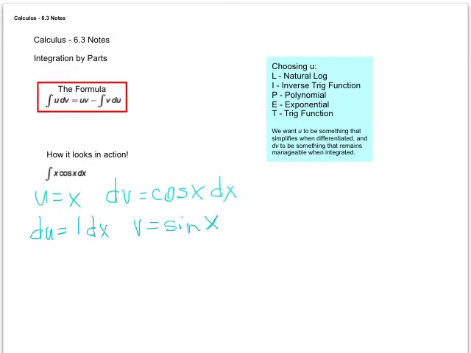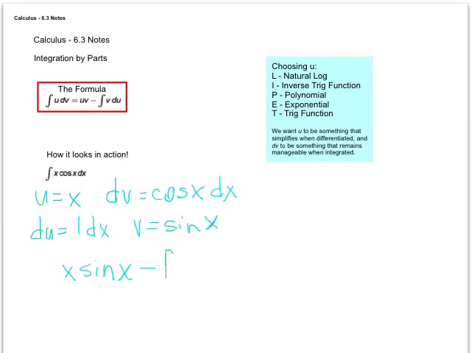Okay, so I took the derivative of u, I integrated dv, and then I plug all those back into my new formula. So I'm going to take u times v, x sine x, minus the integral of v du, minus the integral of v times du.